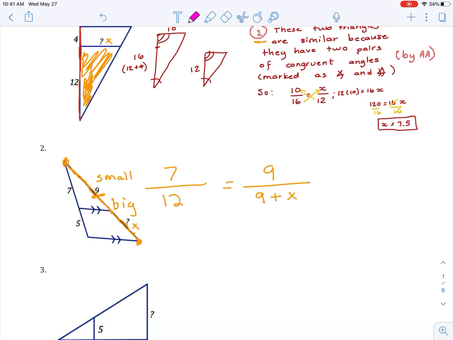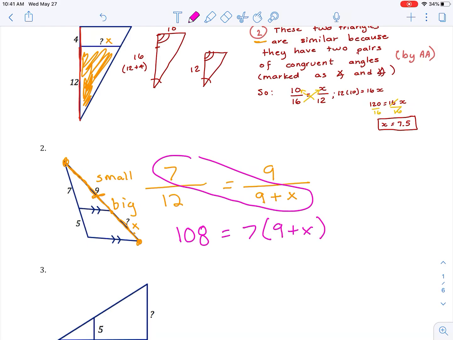So I would cross multiply, and I would go 12 times 9, and I would get 108 is equal to 7 times (9 plus x). Okay, that's how that would look. We have to make parentheses because you're multiplying it by the whole thing. And then 7 times 9, distributive property, 7 times x. And then I would take away 63 from both sides.